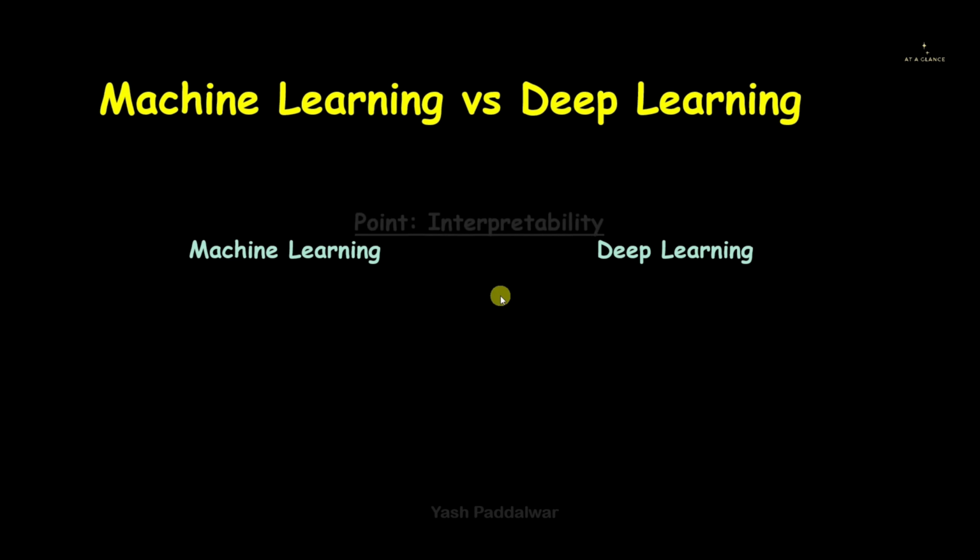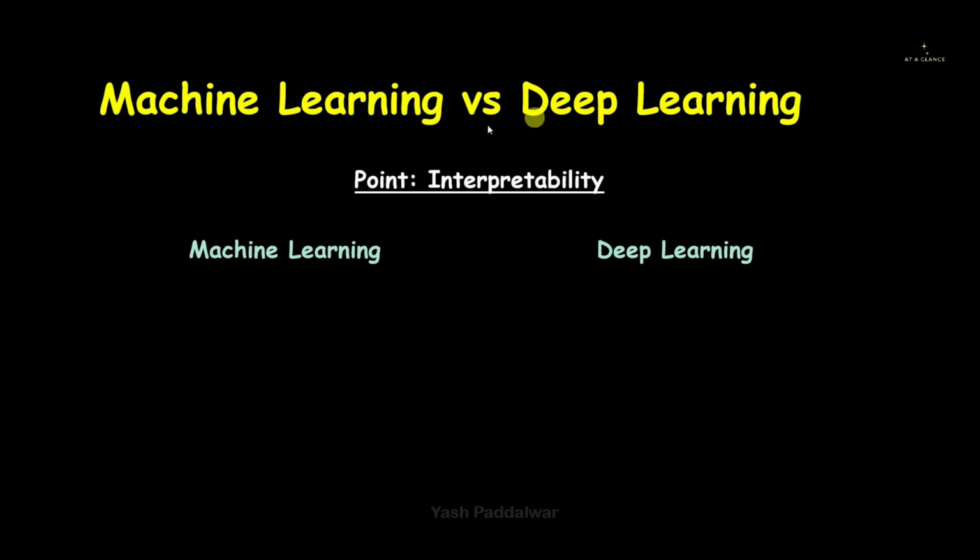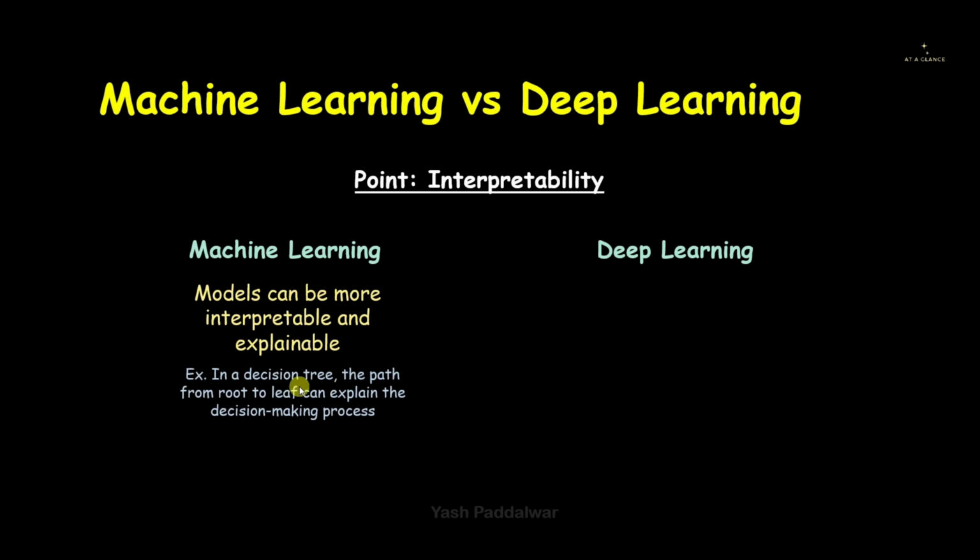Now let's move on to the next point, which is interpretability. This is the most important point to be noted for sure. Interpretability means explainability. When it comes to machine learning, the models are more interpretable and explainable. What does that mean? Let's understand it by an example. Say we have used a machine learning algorithm, decision trees, for classification.